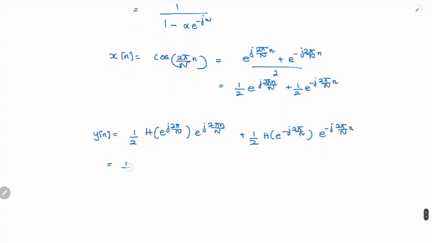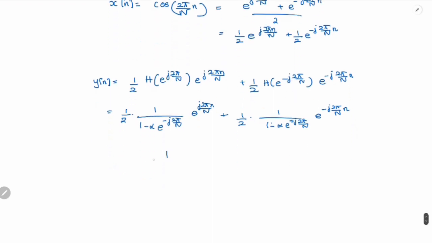So what will I get? I'll get 1 by 2 into 1 by 1 minus alpha e power minus j 2 pi over N, correct? e power j 2 pi n by N plus half into 1 by 1 minus alpha e power plus j 2 pi over N, e power minus j 2 pi by N into n.